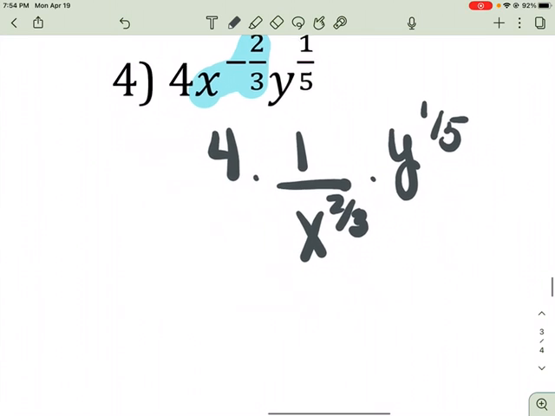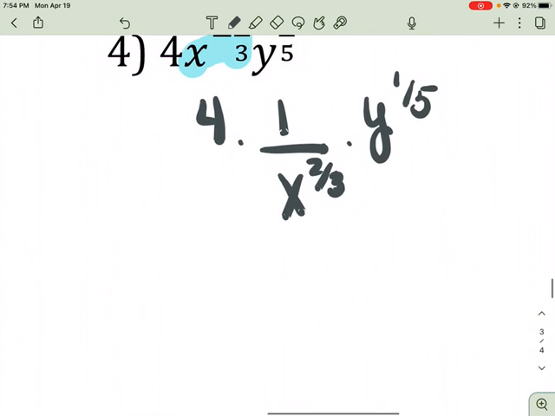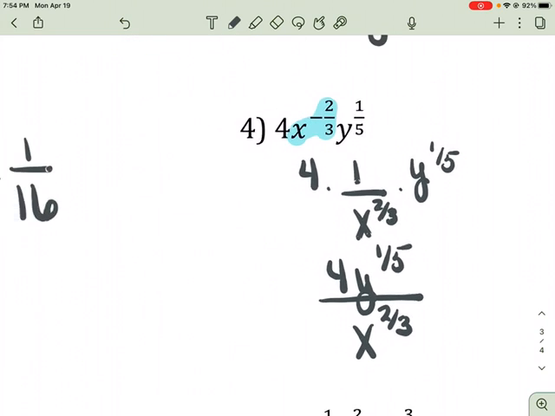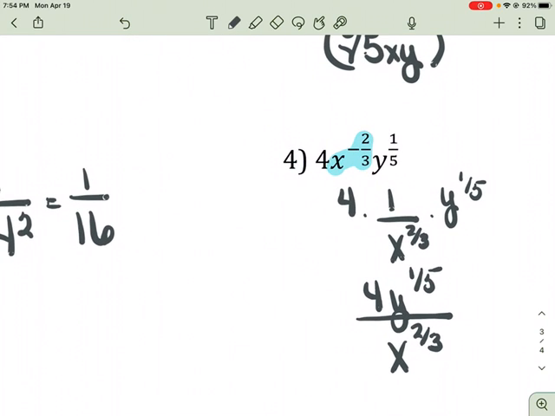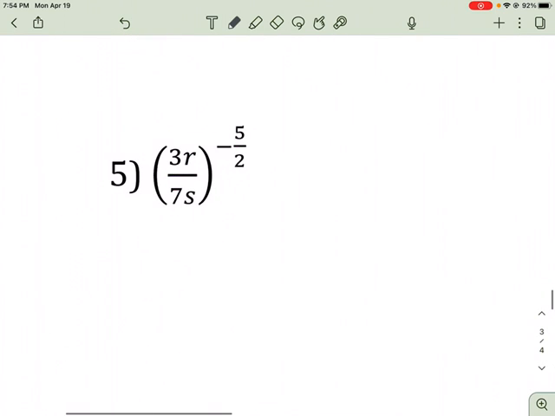And the y to the 1/5 stays. So I'm not going to change this one. I think I'm going to leave it all with fractional exponents. So 4y to the 1/5 over x to the 2/3. We'll just leave it just like that. Okay. All right. So be careful. That was a trick question.